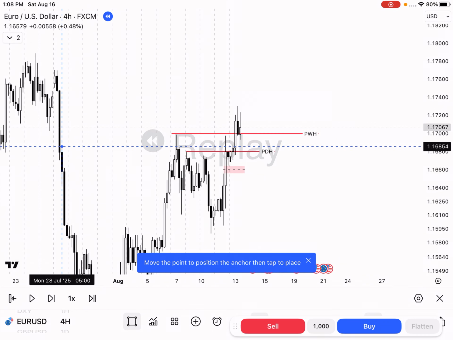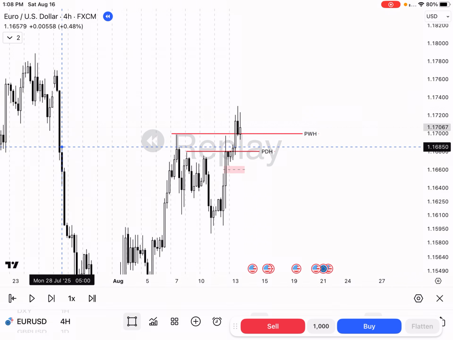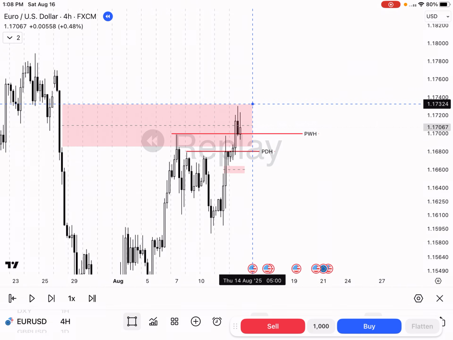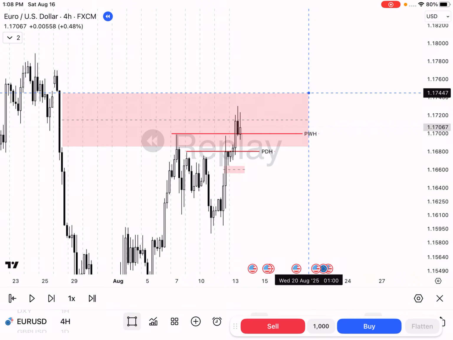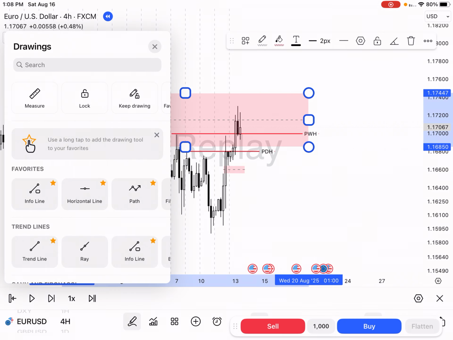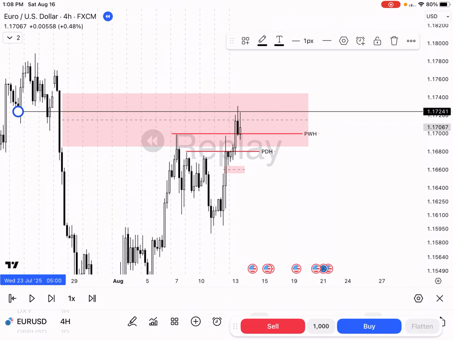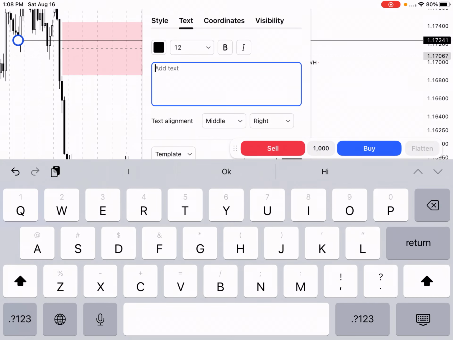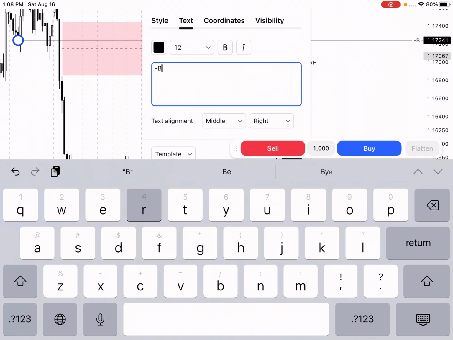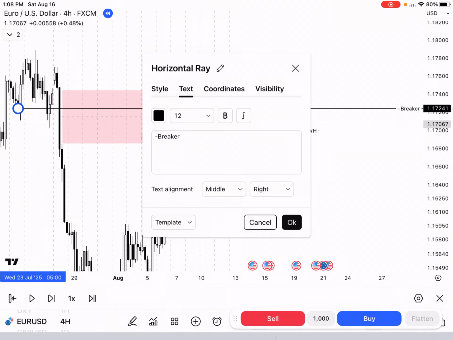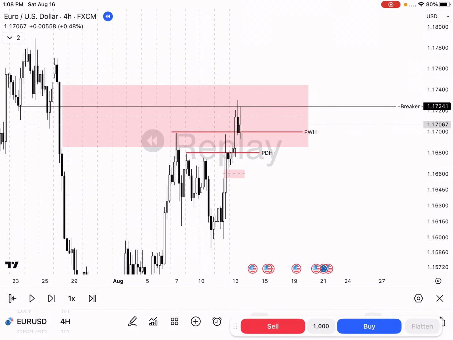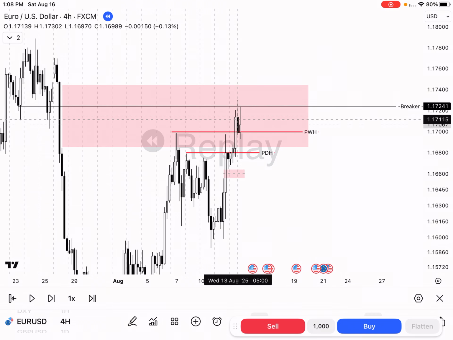Since we are already in the premium zone, and there was also what I call a bearish breaker, I was planning my trade here, but with the condition that a 4-hour candle at least sweeps this liquidity and closes below.